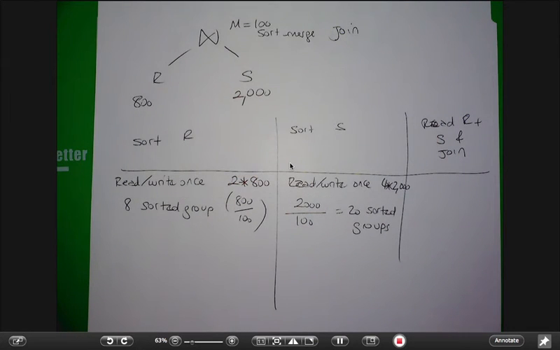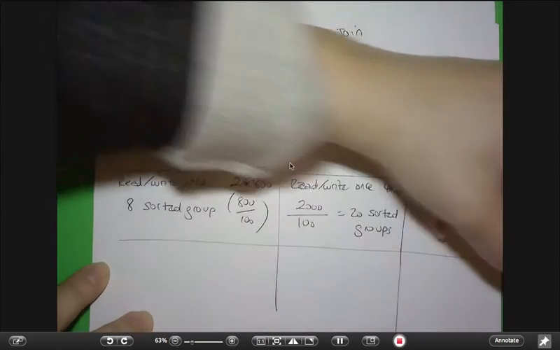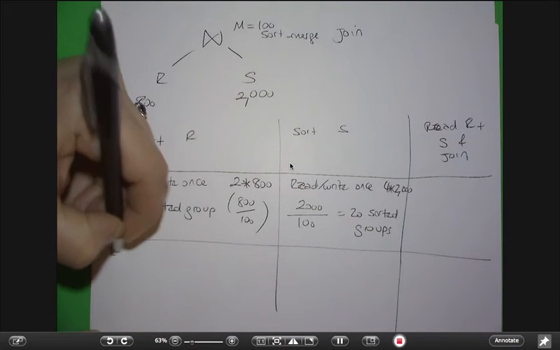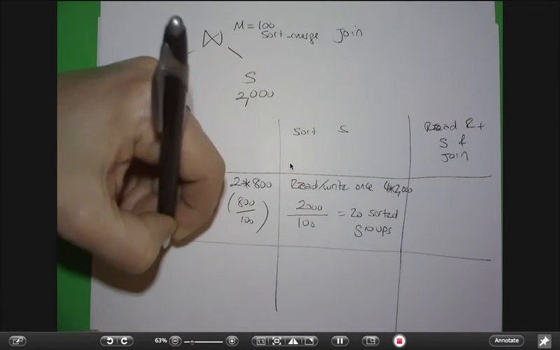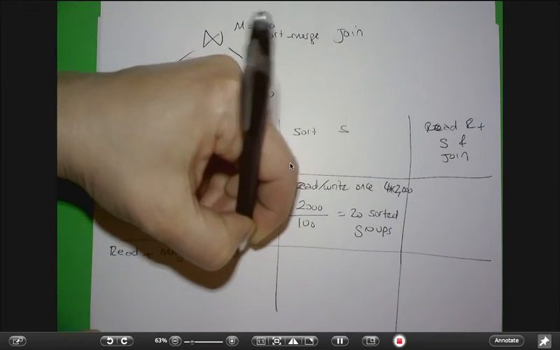Now, you can continue to fully sort, right? Because I have 100 pages, I can read 8 groups, merge, sort, and write.